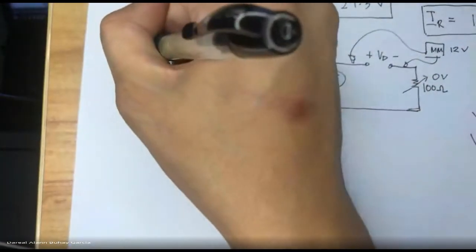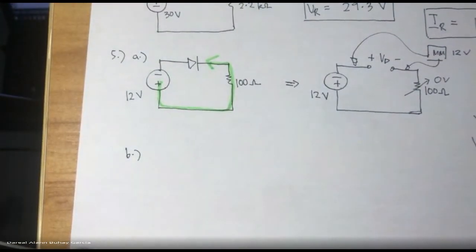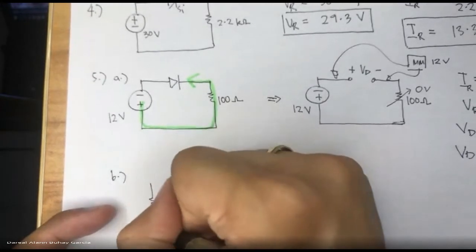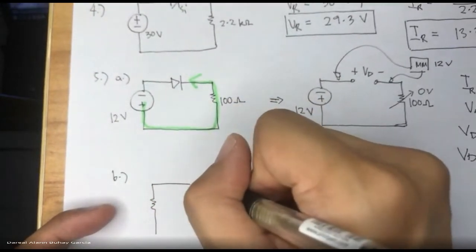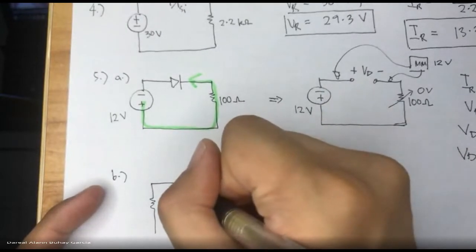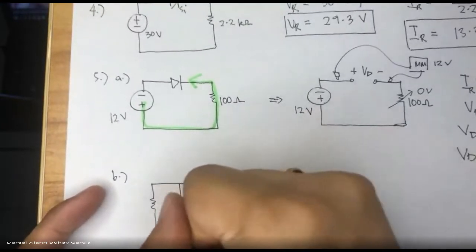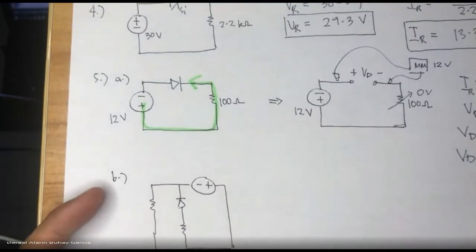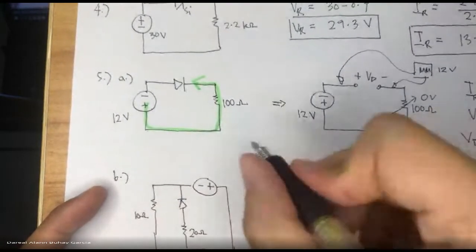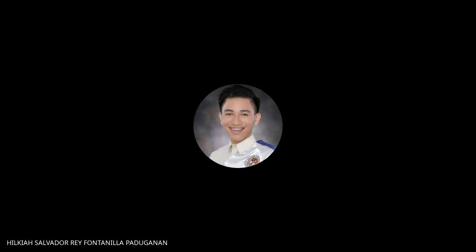So that's 5A. 5B. Let's say that is 20 ohms, 10 ohms, and this is still a silicon diode.